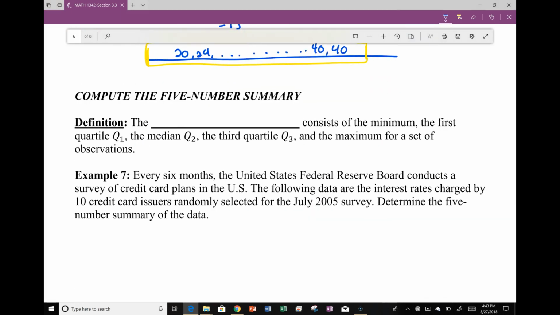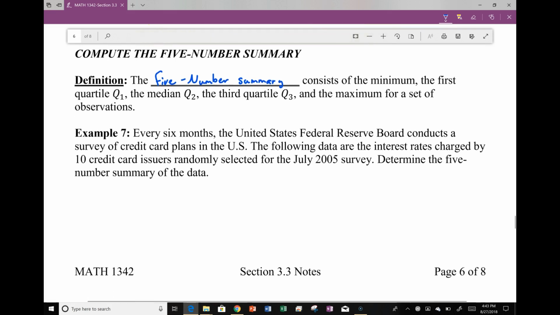Let's continue looking at computing the 5-number summary. Remember that I told you the 5-number summary included the minimum value, the Q1, the Q2, the Q3, and the maximum observation. These are our 5-number summaries. So let's look at example 7.